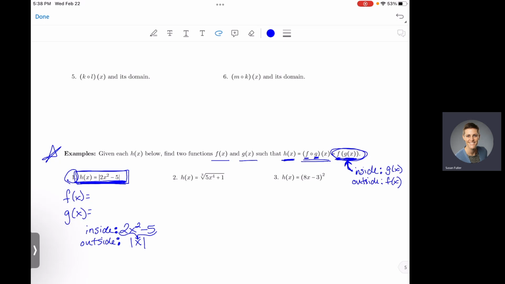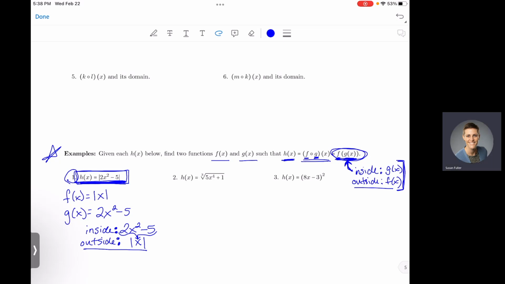So that means that if 2x squared minus 5 is my inside function, and in this situation g of x is my inside function, so I'm going to call g of x 2x squared minus 5. And f of x is my outside function, and my outside function here is the absolute value of x.